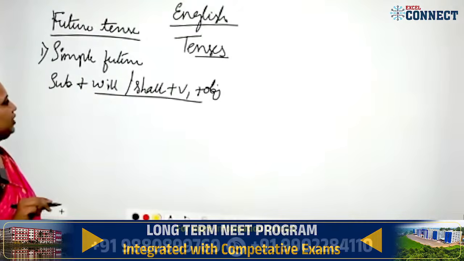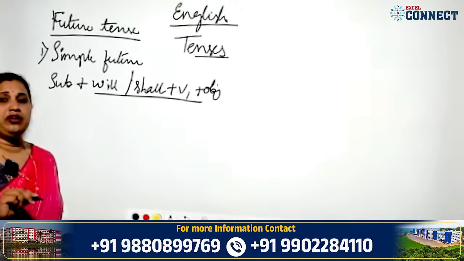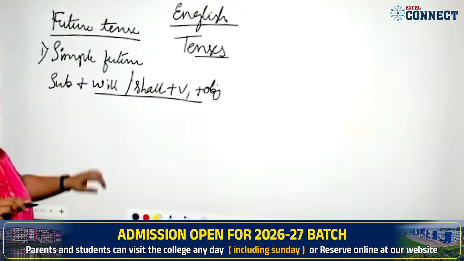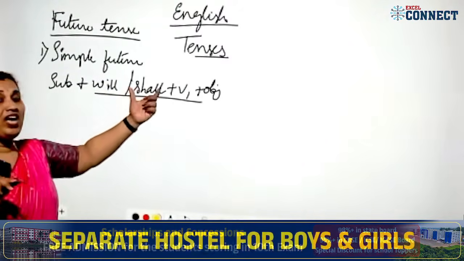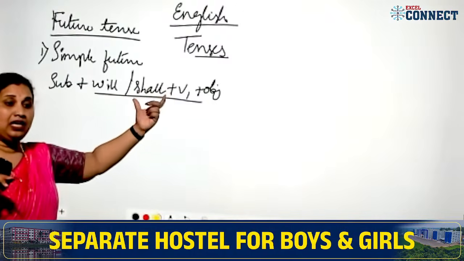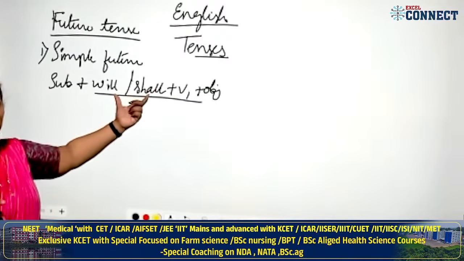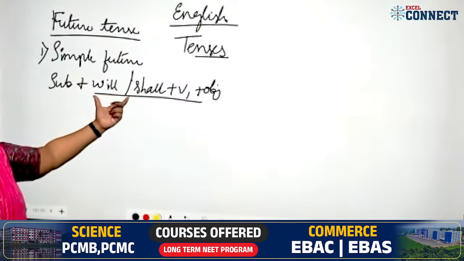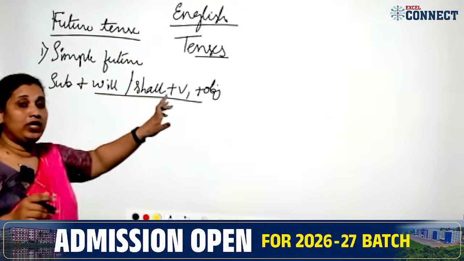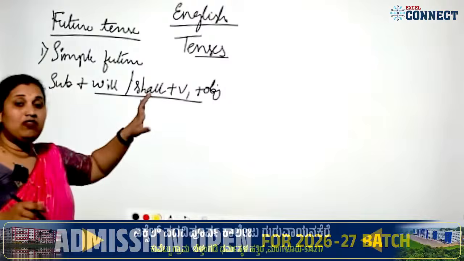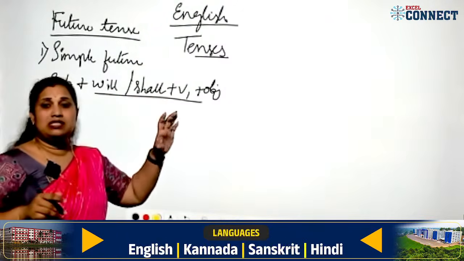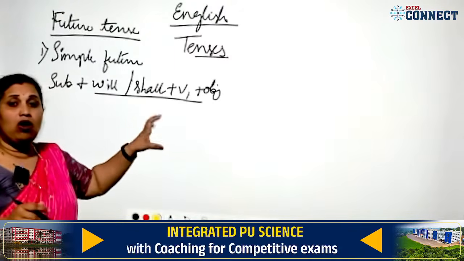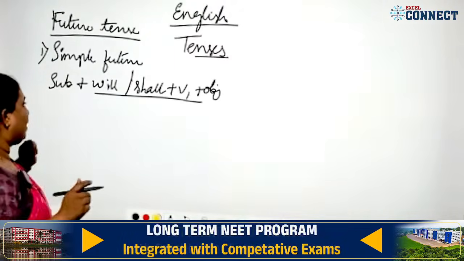Will and shall, we are using in the simple future, but when we are using it in the form of shall, it gives you a preference. Shall I come? When you are using that one in the past, should, that will become a compulsion. So while using shall, you have to concentrate on which thing you want to talk about.